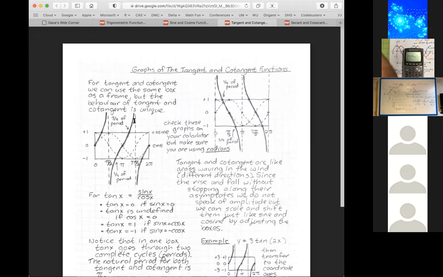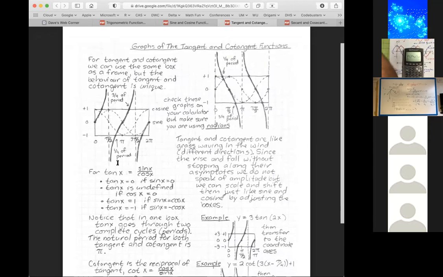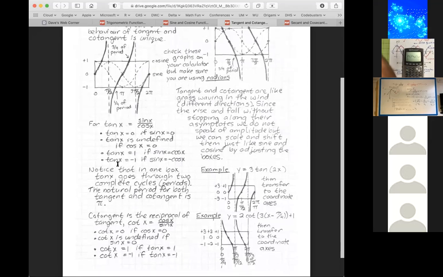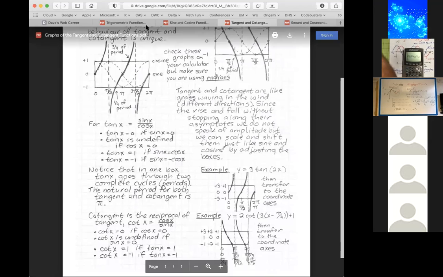Or when the cosine is equal to 0 here, 3 pi over 2 or pi over 2. And then in between that first middle and that undefined, I reach the value 1, because at that point, pi over 4, sine and cosine are equal. So check out these handouts to help you start drawing sine or cosine by using this framing box.